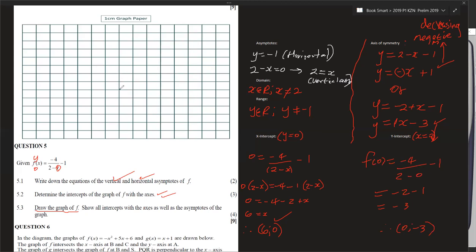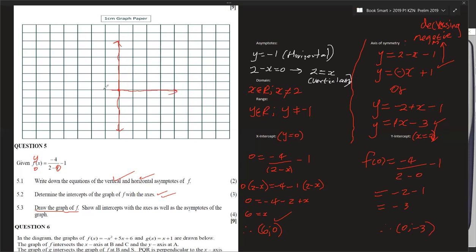To sketch, we're just going to do this. So that will be my origin. I'm going to go up there, then I'm going to go down. Don't mind my lines, guys. I'm using a mouse, that's why it's doing this.